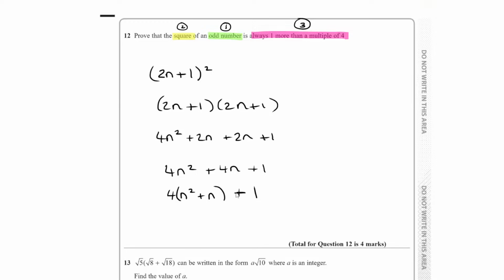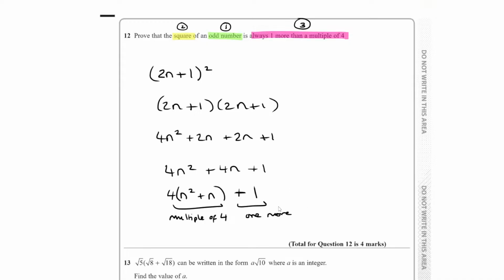I'm going to leave that 1 there, because whatever's in the brackets, I don't really care, as long as I then multiply it by 4, by definition, it is a multiple of 4, isn't it? And then this is plus 1. Do you see how that's then 1 more than a multiple of 4? Yeah, that's fine. Okay, perfect.